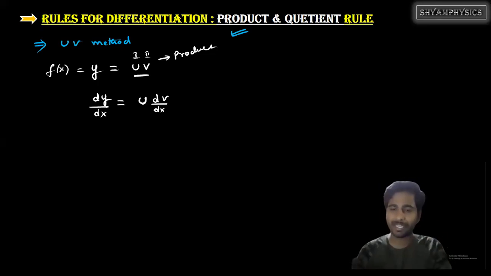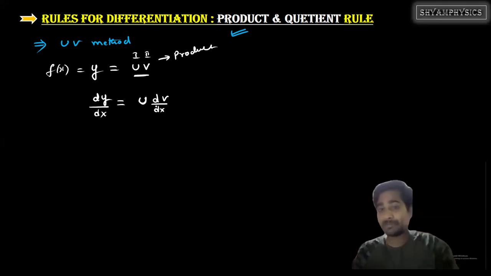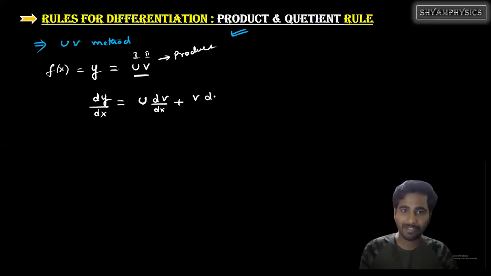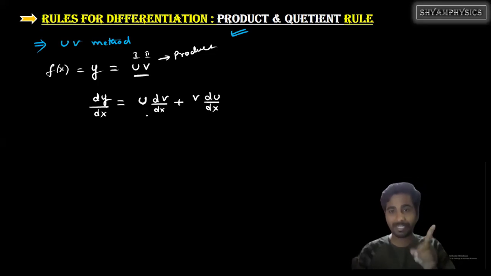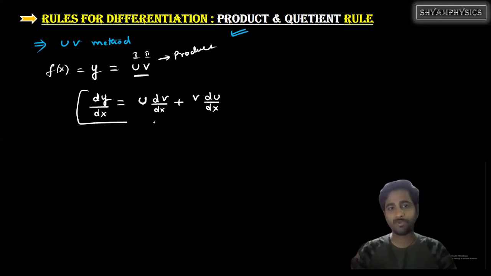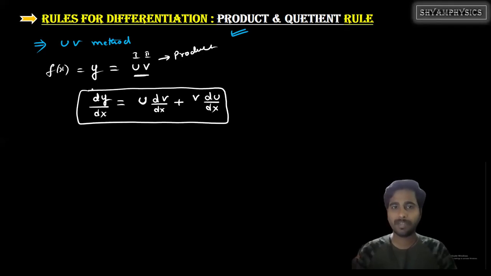Now I told dx; if it is time, dt, like that you need to differentiate. Plus, second time, keep the second term as a constant, v, and differentiate the first term. We'll say first into differentiation of second plus second into differentiation of first. We call this the UV rule or UV method. Clear my point? This is actually the product rule.